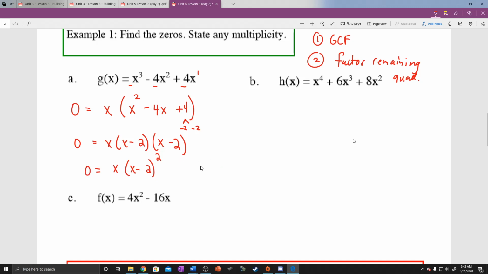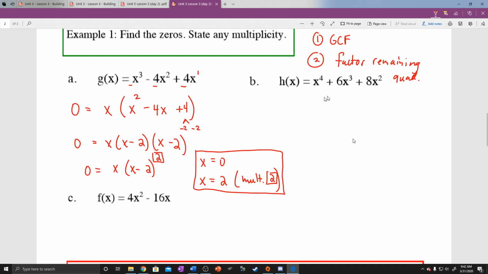Well, x is 0 exactly when x is 0, and this factor would be 0 when x is 2, and it's going to have a multiplicity of 2. This is going to be the convention in how we designate a zero's multiplicity. We just write mult and then the multiplicity.